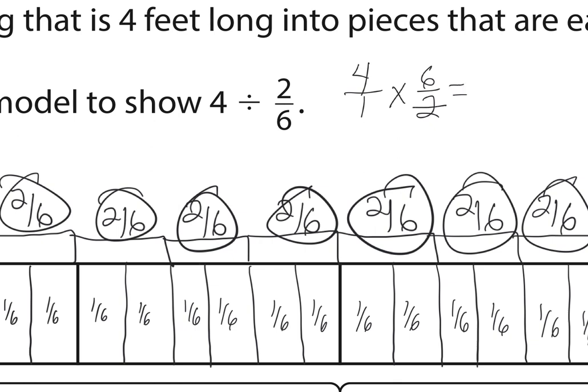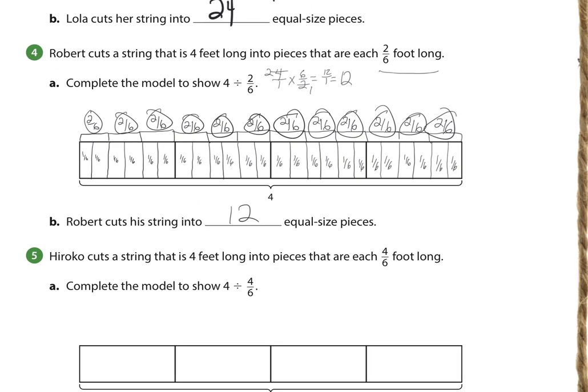Then cross out what you can cross out, multiply straight across the top, straight across the bottom, and we find that the answer is 12. So it looks like I very likely did this model correct.